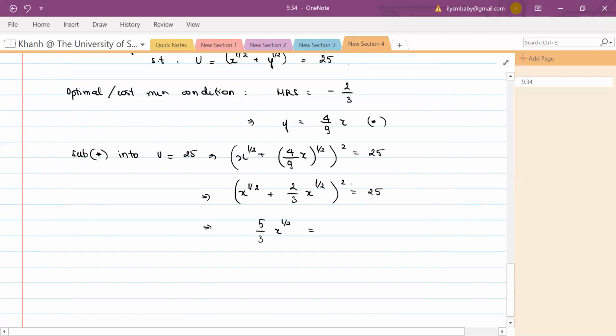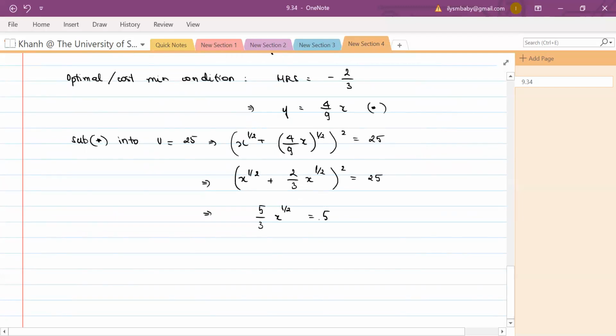If I take the square root of both sides of this equation, I get 5. I ignore the negative 5 because we do not deal with a negative number of consumption, so we only keep the positive number. Therefore x^(1/2) is going to be equal to 3.